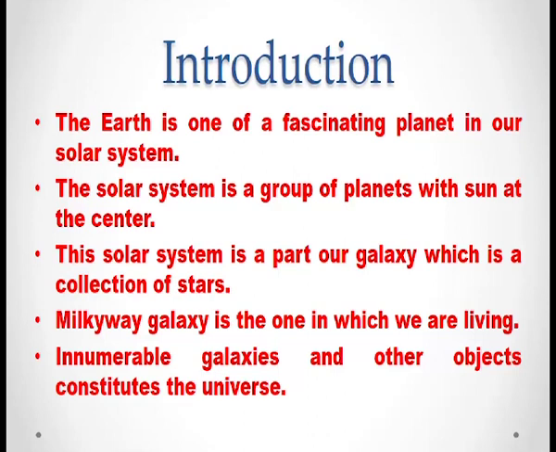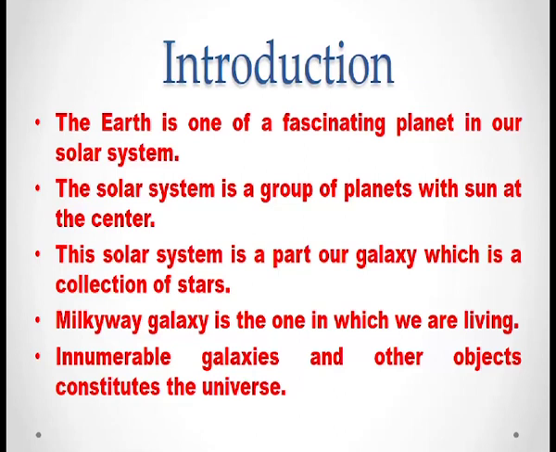Like our solar system, many solar systems are there in the galaxy in which we are living. The galaxy in which we are living is named the Milky Way galaxy. Many of us know that Milky Way galaxy is a spiral galaxy. This solar system is part of that Milky Way galaxy.